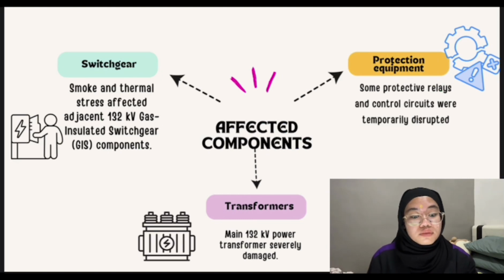However, the smoke and thermal stress also affected adjacent 132 kV gas insulated switchgear components, which are critical for controlling power flow. Additionally, some protective relay and control circuits were temporarily disrupted. This demonstrates how a fire in an electrical substation can quickly spread beyond the initial failure point, affecting interconnected systems that are essential for safe operation.